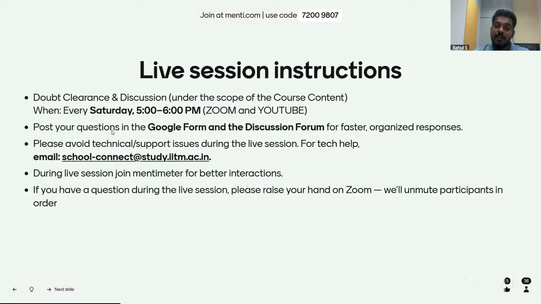And apart from that, we'll have a Google form also that will be circulated to you. I think it's already been circulated. We got a few questions in the Google form, where you can write your questions and fill the form, and we will get the question. The same thing we will discuss in the live session also. So there are 3 ways: asking the question live, or using the Google form or the discussion forum. What we prefer is that you use the discussion forum more, because we are always available online, so we can easily reply to you.